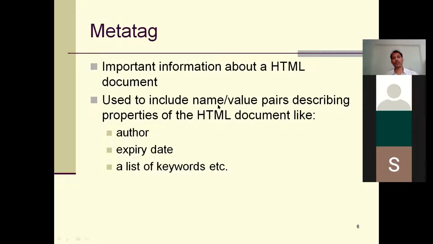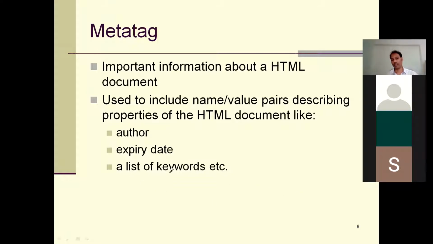Okay, used to include name value pairs describing properties of the HTML document. Like, we will say who has designed this page. That comes under author. And when this page is going to expire, after that this page will not be available, so you can mention expiry dates about the page. This kind of information you will specify in the meta tag.